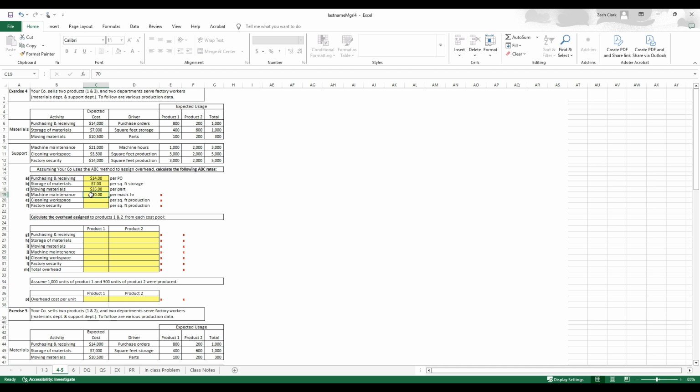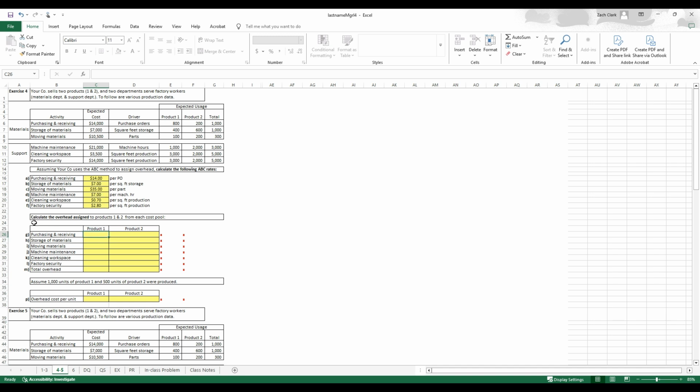Whoops, not 300. Oh shoot, got rid of my formula. What was that? This is machine maintenance. So 21,000 divided by 3,000. 3,500 divided by 5,000 square feet for cleaning, and 14,000 divided by 5,000 square feet of production.